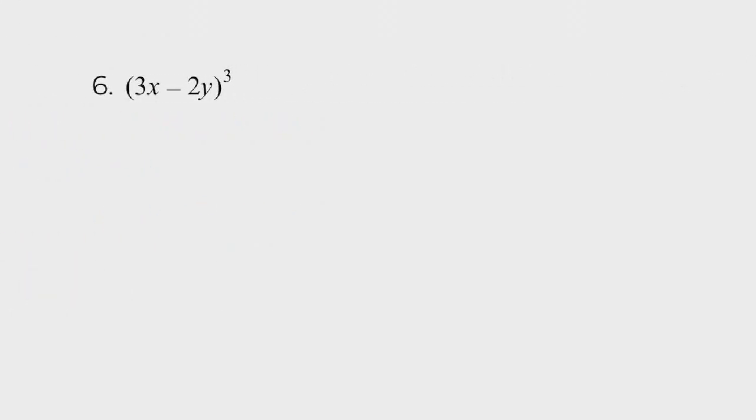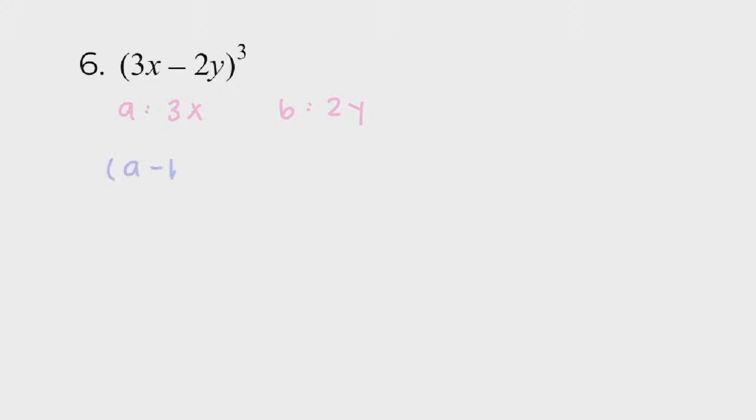Okay, next one, this is a cube of a binomial. So in this one, a is going to be the first term, which is 3x, and b is going to be 2y. And I'm using the equation where there's a minus sign. So the equation is a minus b cubed equals a cubed minus 3a squared b plus 3ab squared minus b cubed.